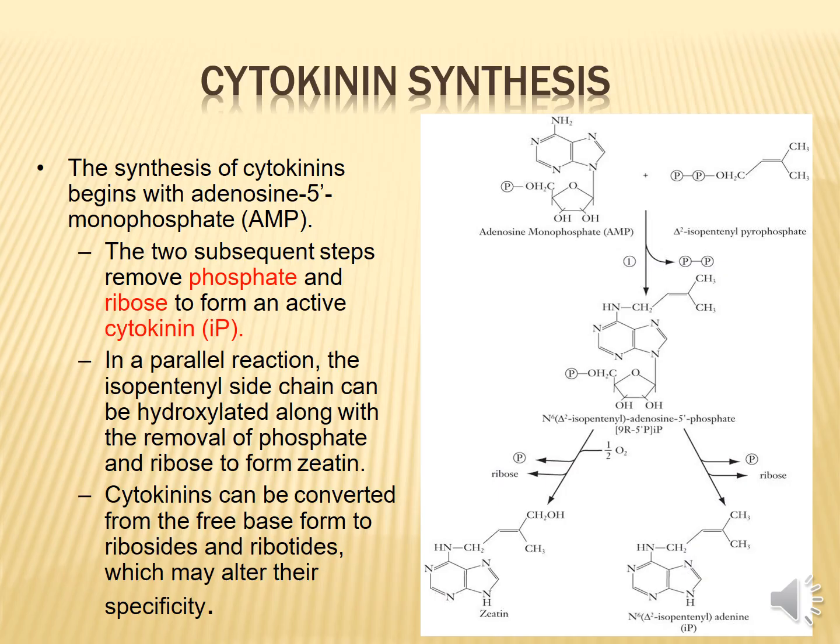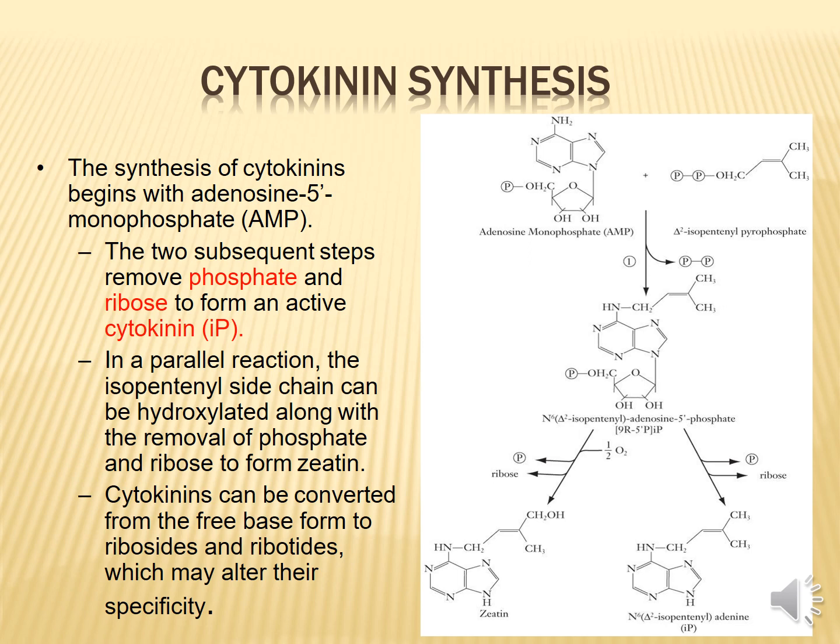Alright, so now we look at how cytokinin is produced, or how cytokinin is synthesized. If we look at the pathway, the synthesis of cytokinin begins with the compound we call AMP, as I mentioned before.